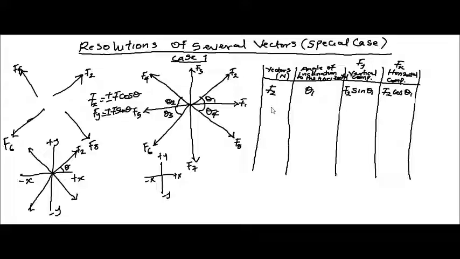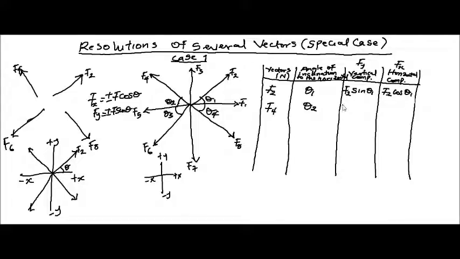Now the next vector here will be f4. f4 has components on positive y and negative x. Don't forget, positive y and negative x. So we write f4, and the angle of inclination in this case is theta 2. What is the vertical component?